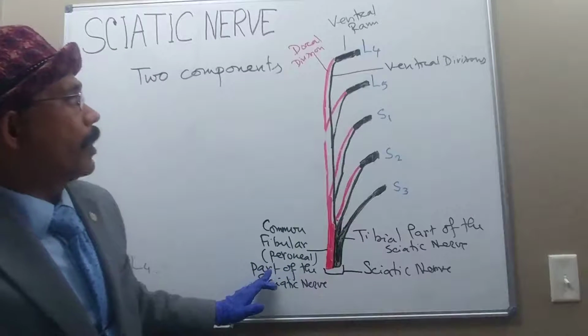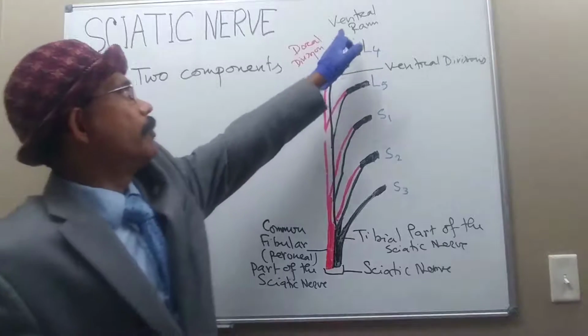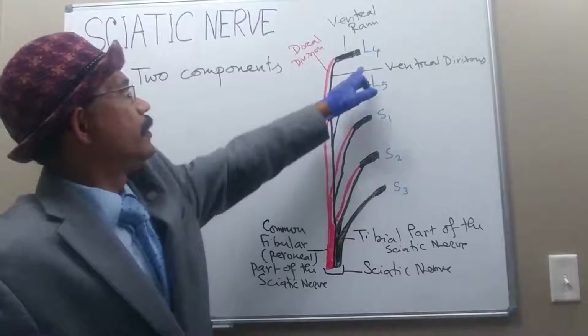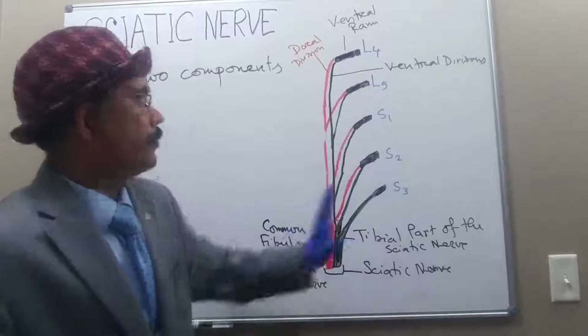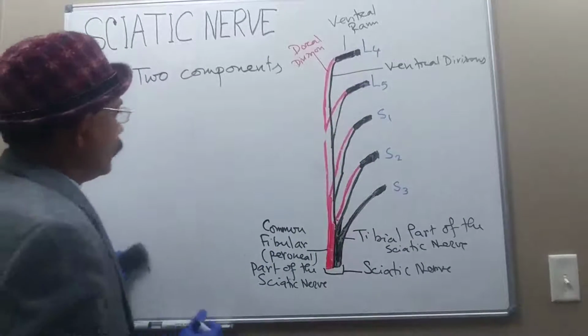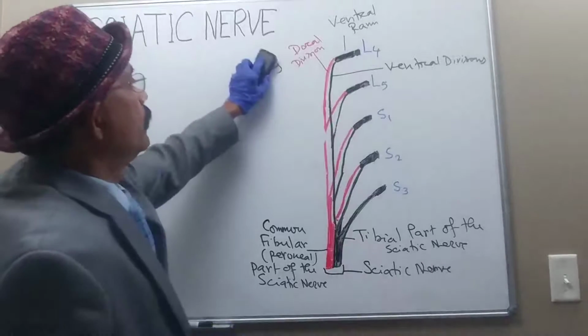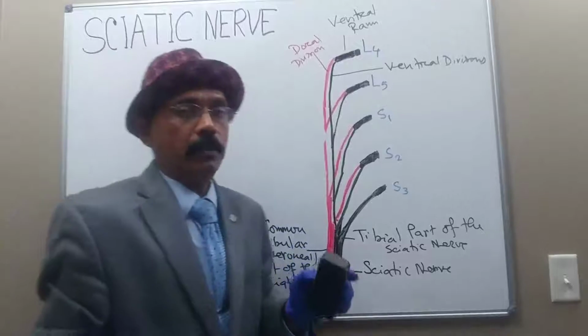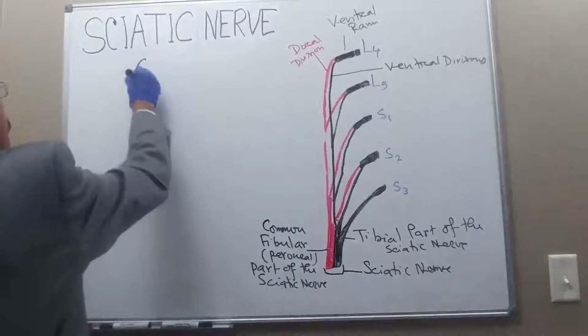The common fibular part arises from the dorsal divisions of the ventral rami of L4, L5, S1, S2, not S3. Okay, we got the formation of the sciatic nerve. Now we will go through the course of the sciatic nerve.